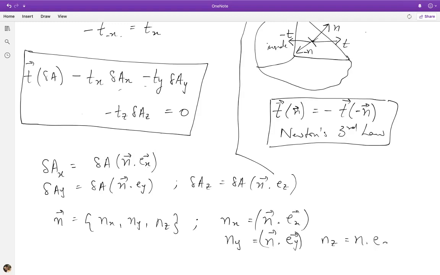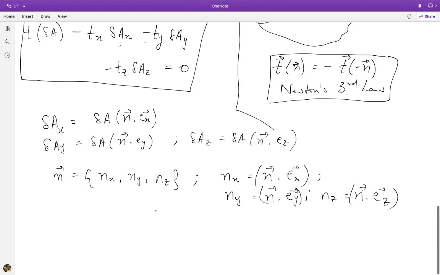So these are simply the components of the normal specified in the Cartesian coordinate system. So what all of this means now is that if I come back to this equation, making use of this machinery, we can now write, if I take delta A common and I take the tx, ty, tz to the other side, I can say t is tx times nx, where this is a vector, this is a vector, and this is the scalar component.